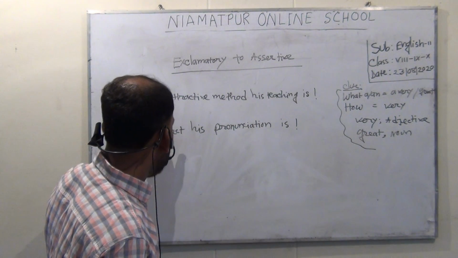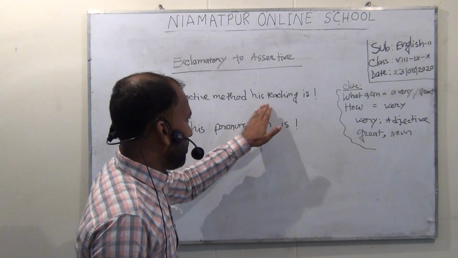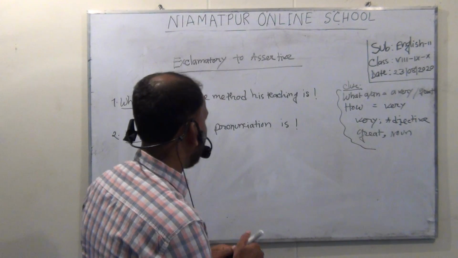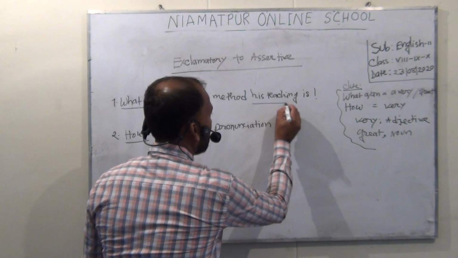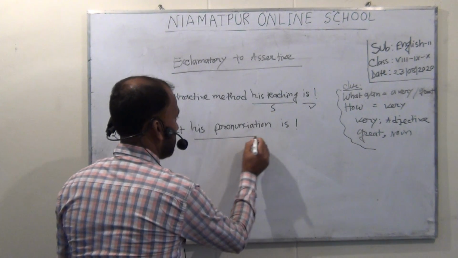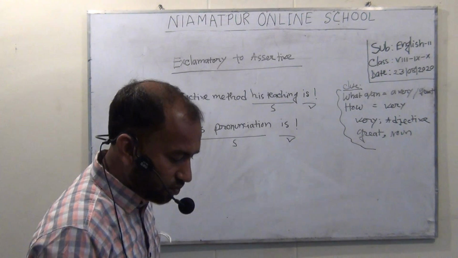When the sentences start with what and how, verb and subject come at the end of the sentences. This is subject and this is verb.